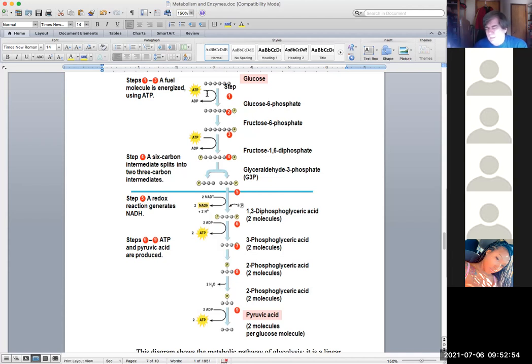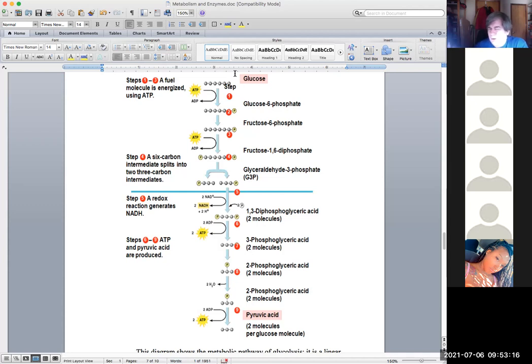Remember, the chemical bond connecting the 3rd phosphate to the 2nd phosphate has a lot of energy. So when we break that 3rd phosphate off, we use the energy that was holding it to the 2nd phosphate, and we use it to stick a phosphate, this little yellow ball, onto the 6th carbon in glucose.